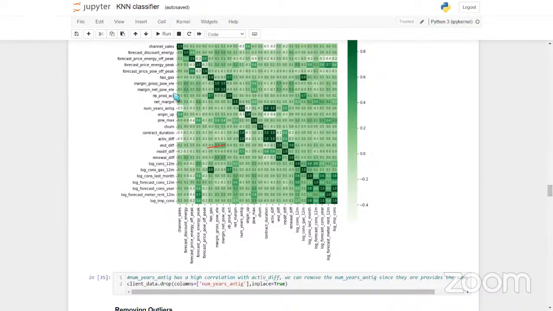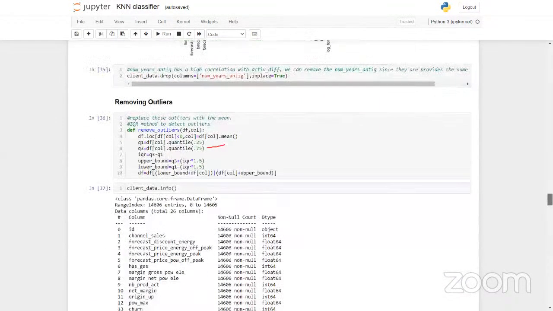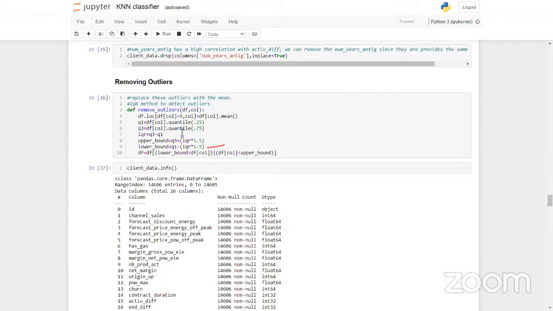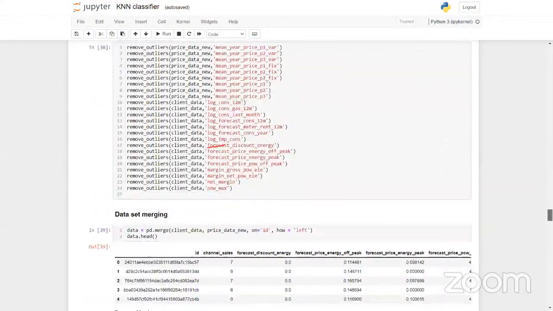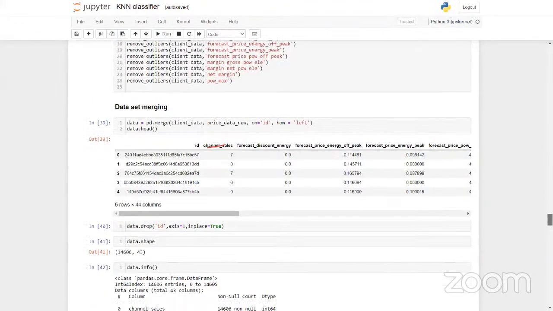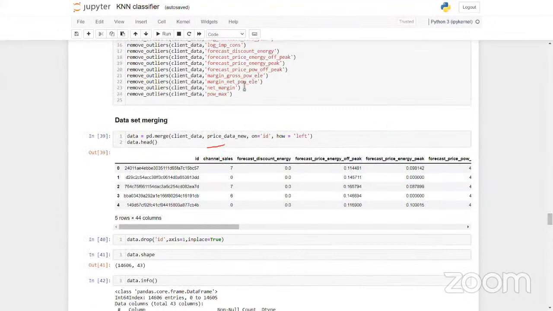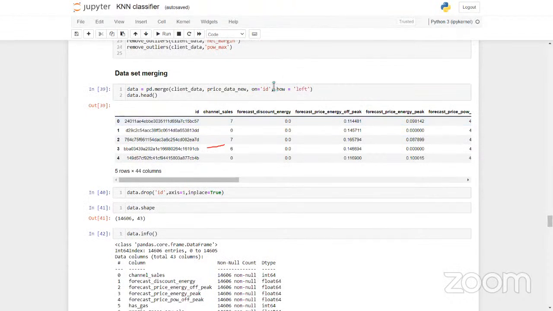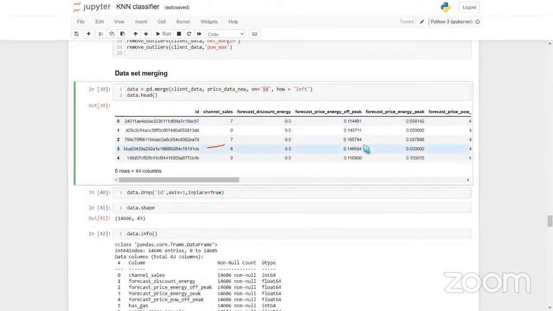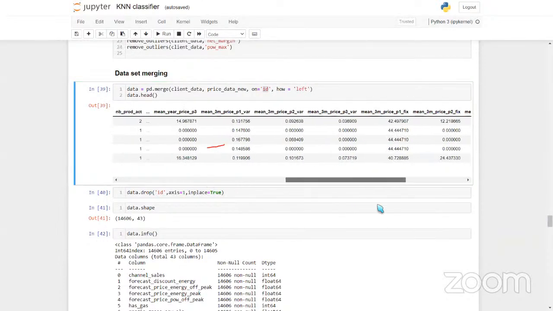You can see these two are totally correlated, so we'll be deleting this column. Also we are removing the outliers using IQR values. Okay, outlier removal is done, so everything is clean now. Now we are merging both the data sets on the ID column, and this is the final data set we have.